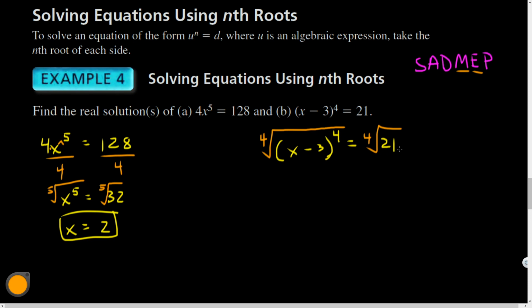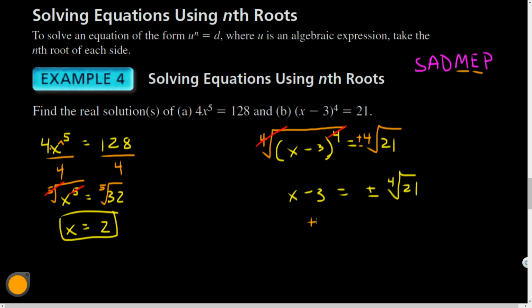So I'm going to get a decimal approximation here in a second. But the point is there are two answers, and so plus or minus the fourth root, because this was even. And so I will have x minus 3 is left over. And the reason is because this canceled out with that, just like the fifth root canceled out with the fifth power, equals plus or minus the fourth root of 21.